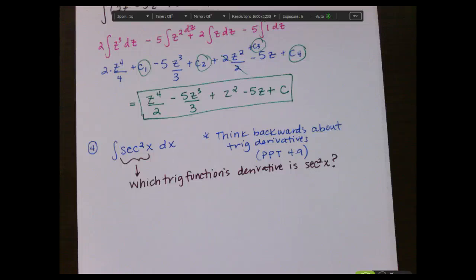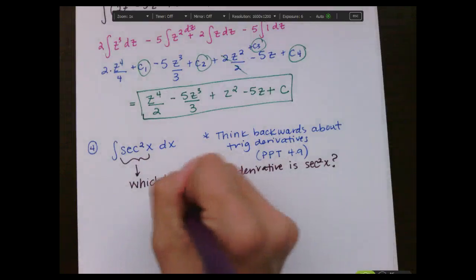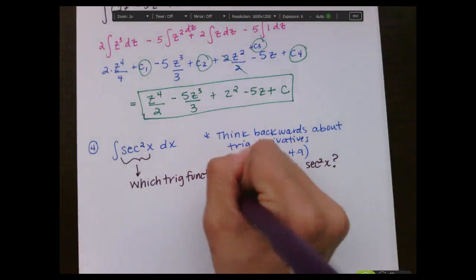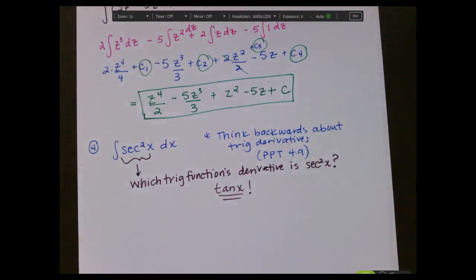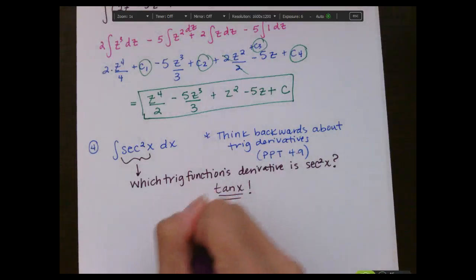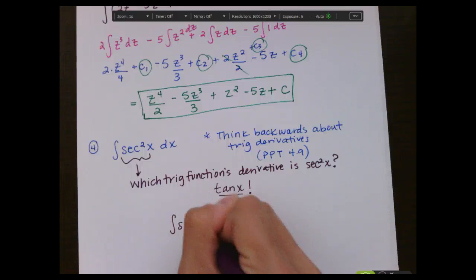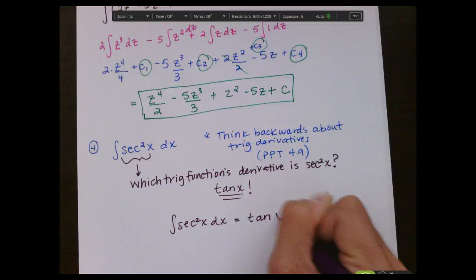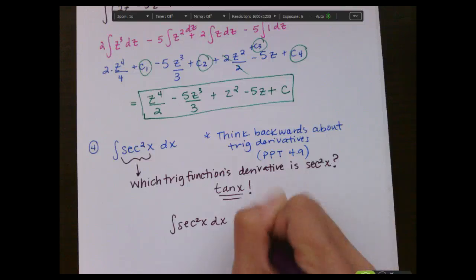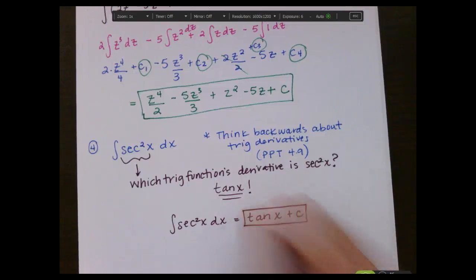And hopefully you do have that memorized, and hopefully it comes to you pretty quickly that this one is actually really easy. It's the tangent function. So that means that if you took the antiderivative of secant squared x with respect to x, you'd get an answer of tan x plus some constant c.